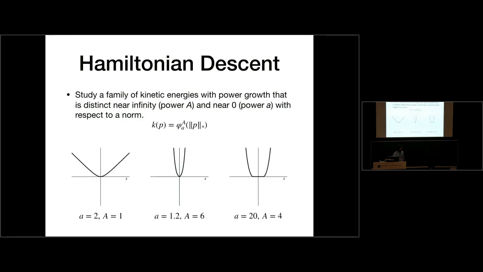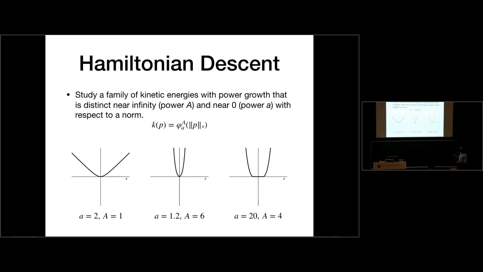So for this family, you have two choices: the choice of big A and of little a. There's an asymmetry in terms of which one is more important to get right. Little a is crucial to get right because that's what describes the behavior at infinity as your system is converging.